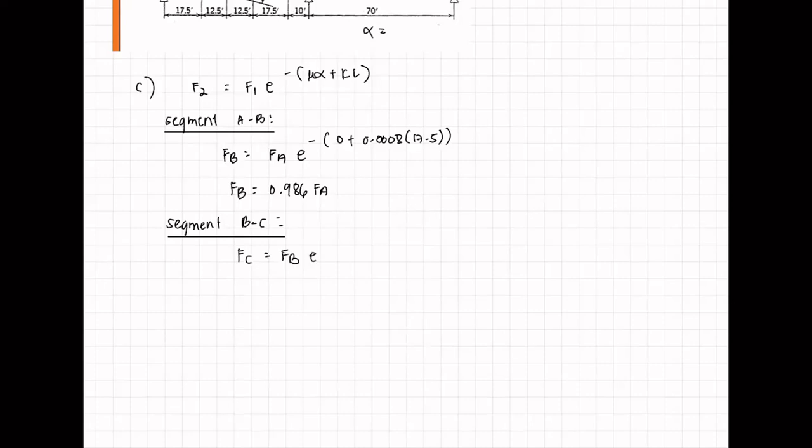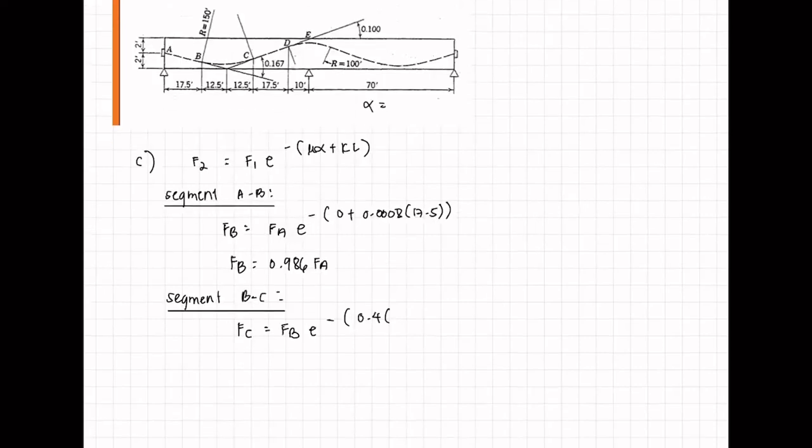FB E. So, dito may curvature tayo. So, 0.4 times yung value ng ating alpha, which is 0.167, plus 0.008 times 20.